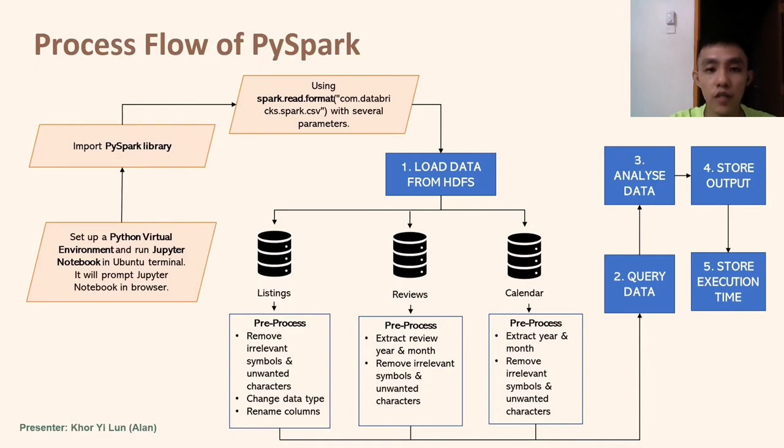To load the data from HDFS, we will need to use the Spark read format function with several parameters, of course. After loading data, you need to do some data preprocessing on each of the datasets: listing, reviews, and calendar. After this, we can start to do the data query and even data analysis. And we store the output of the data analysis back to HDFS. And lastly, we will also compute the execution time of each session. I'd like to pass to Brian to talk more about PySpark.